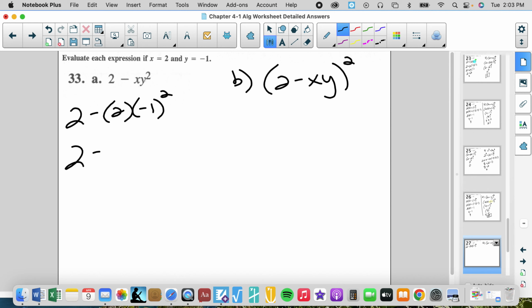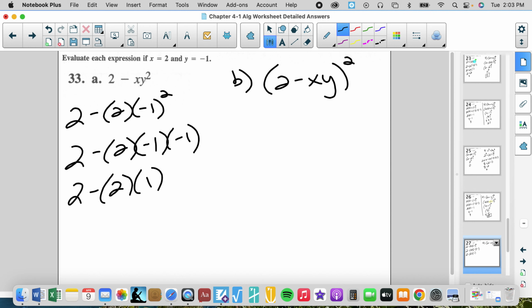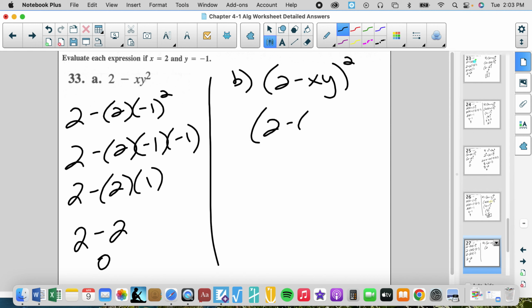We're going to do the exponent first, which is -1 times -1, which is 2 minus 2 times 1. And we're going to do the product, which is -2 times 1 is -2, and we get 0. That's good.